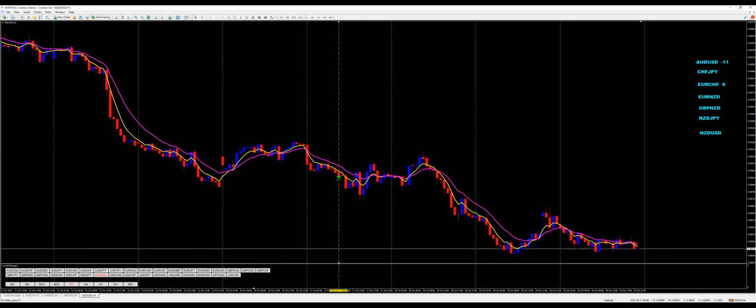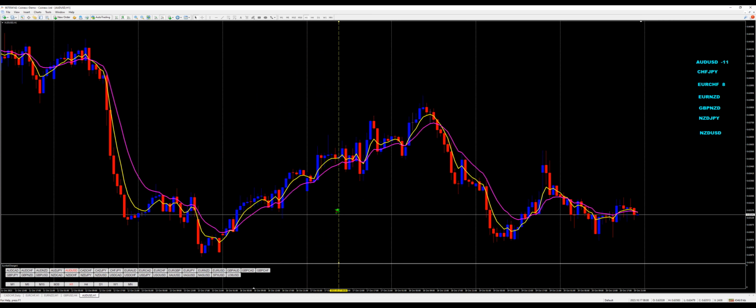There you go. That's the euro. And go down the list again. Aussie dollar. Aussie dollar is bullish. Are we going long? Yes, we are. Look at the 5-minute.